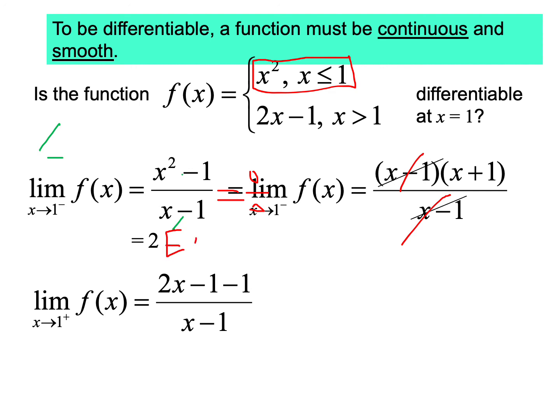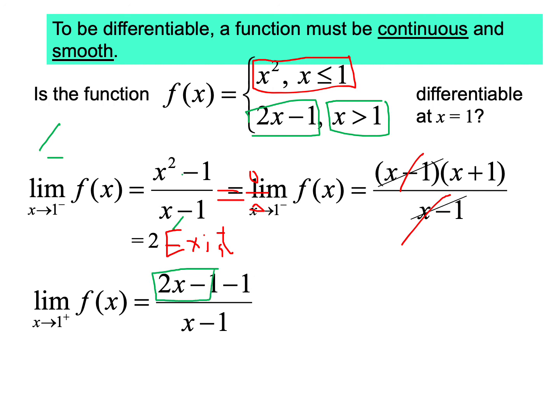But that's not enough. We need to check the derivative from the right. I need to check the limit as x goes to 1 from the right, where the function is 2x minus 1. This is f of x, minus f of 1.